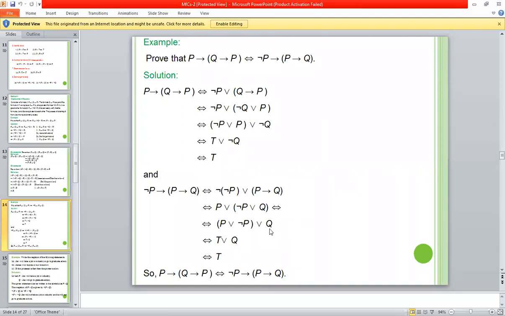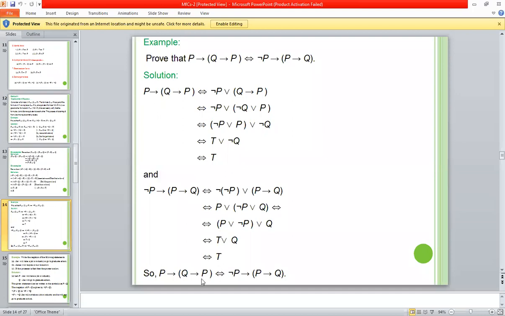So true or Q is equivalent to true by the domination law.